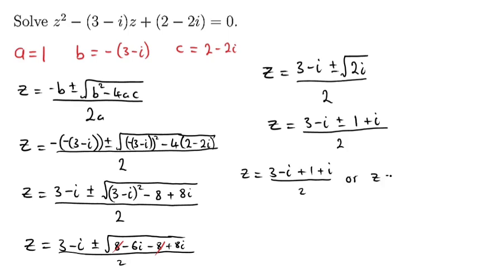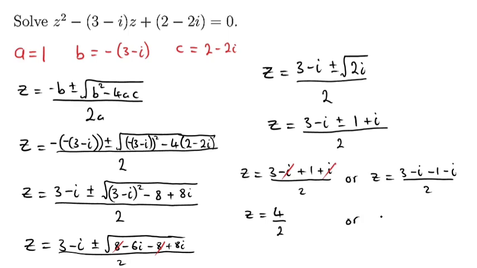Or z will be 3 minus i minus 1 minus i, divided by 2. So z is equal to 3 plus 1, that will give us 4, over 2, because the i and the i cancel out. One is positive, one is negative.